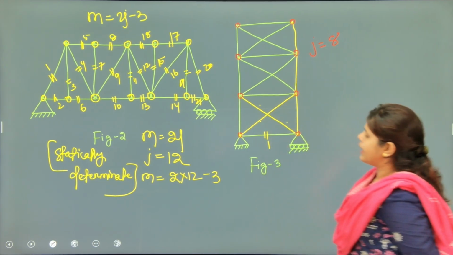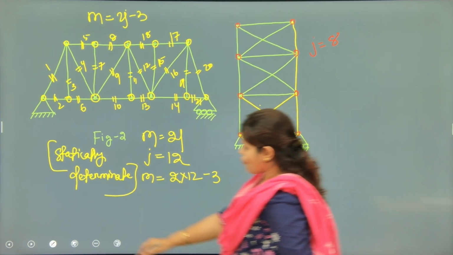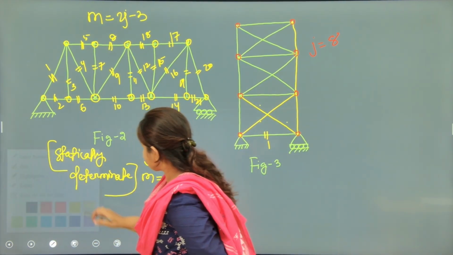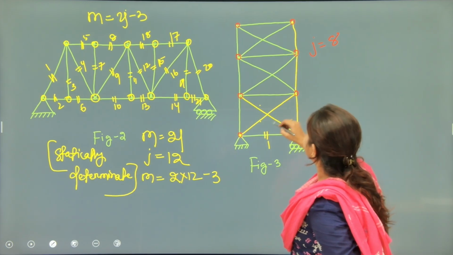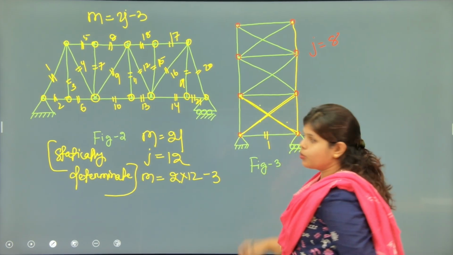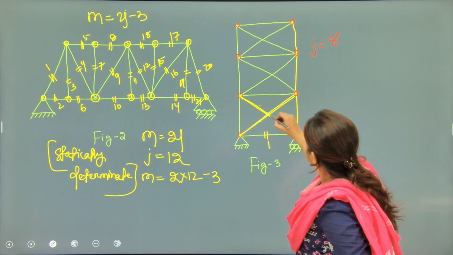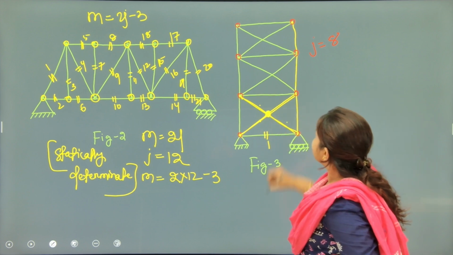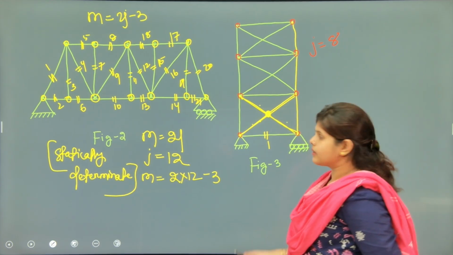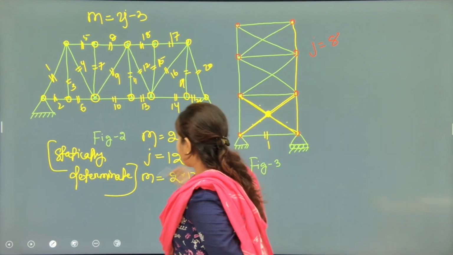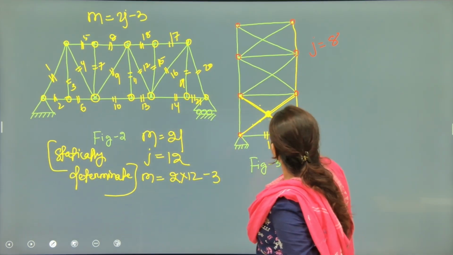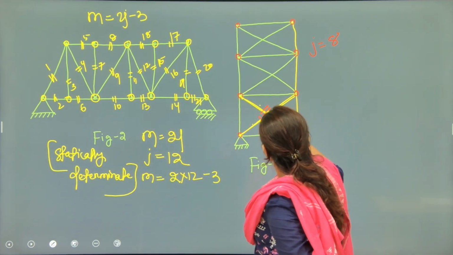J equals 8 here. So these members will be counted as 1, and here 2. If we have a node or joint here, then the number of members will be 1, 2, 3, 4. Okay, understand? So here we don't have the node point, so the members are 1 and 2.